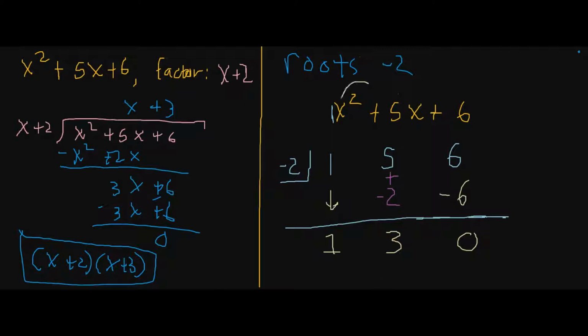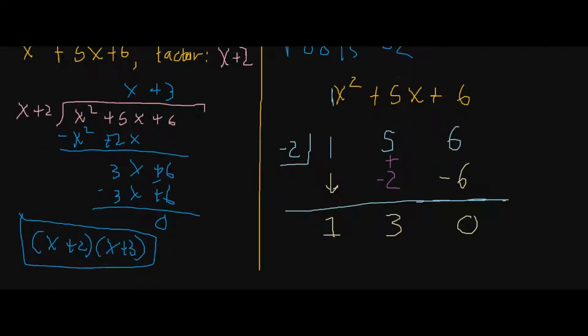If you notice, we started off with our equation with x to the second power. So when we're doing synthetic division, it's going to go down by 1. These numbers tell you the leading numbers in front of our equation. Look over here, there's a 1 here, and the 3 is right there.